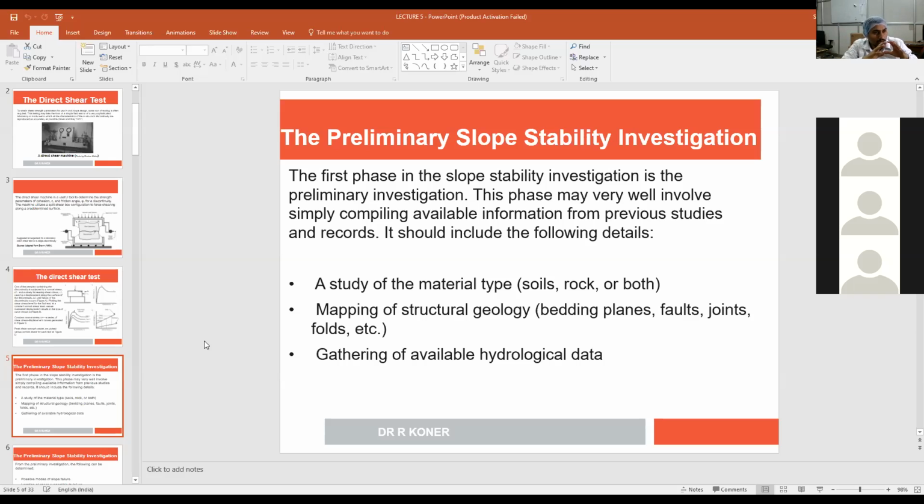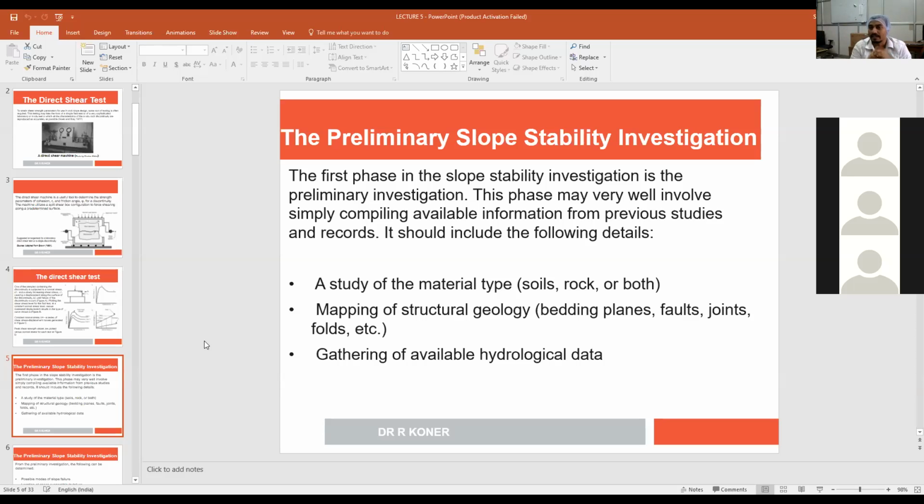Whether there is a predominant amount of joints, or there are n number of folds, or there are dikes, or there are faults, or geological stratification, bedded deposits, or schistosity in different planes.